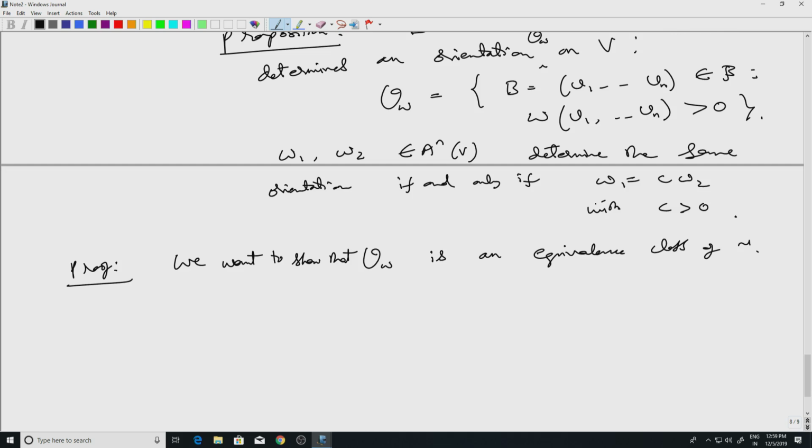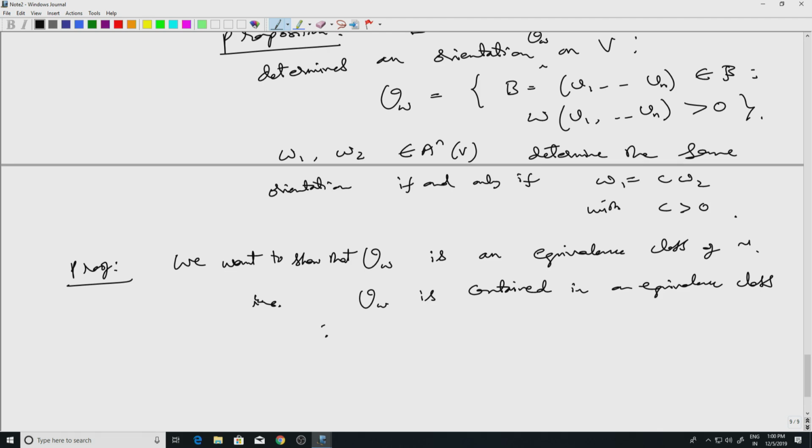So first let's show that this omega is contained in an equivalence class. What does it mean to say it's contained in?